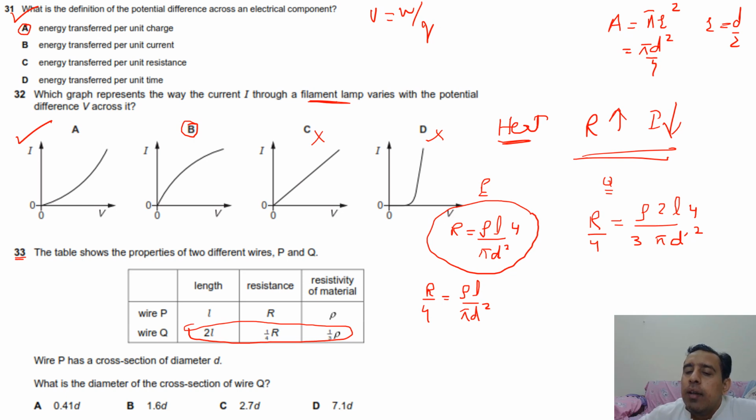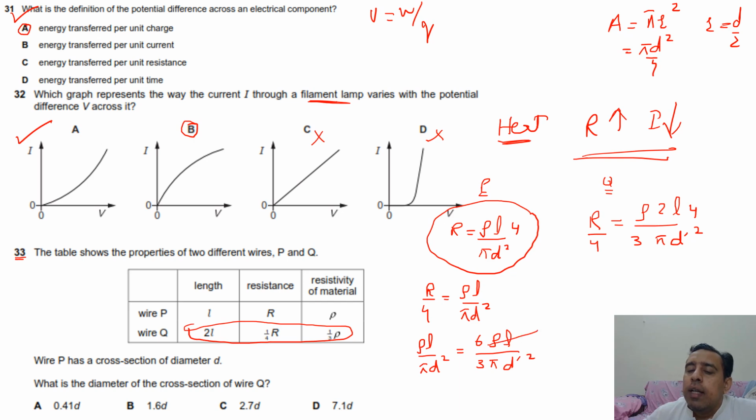So this is equal to rho L over pi D square is equal to 3 rho, 2L over 4 pi D dash square.